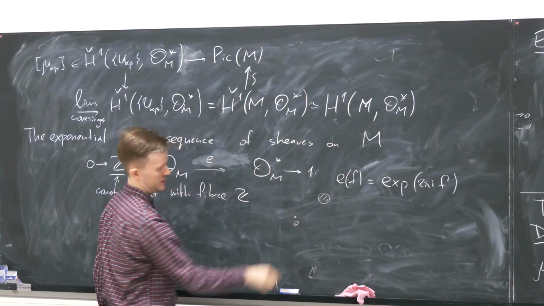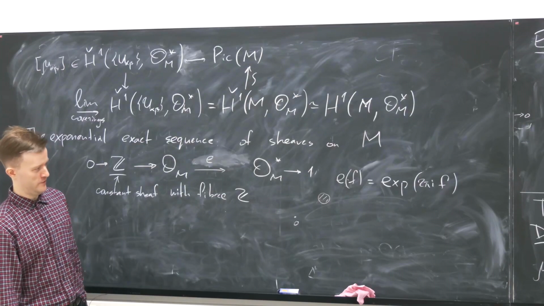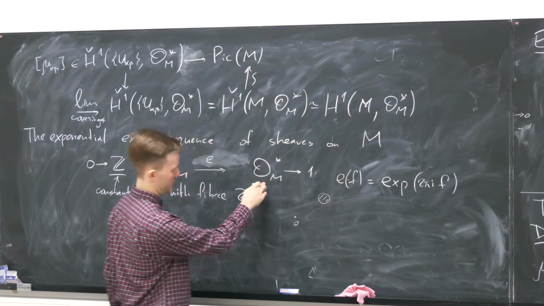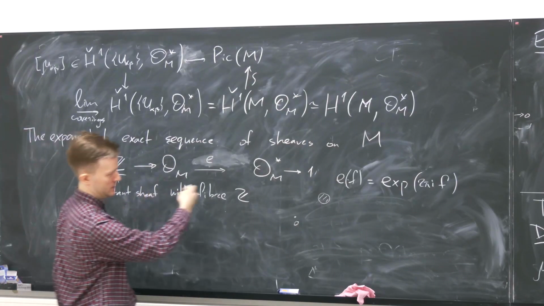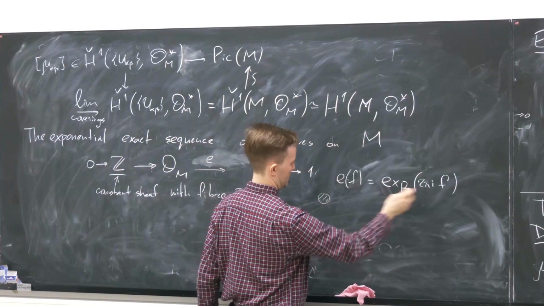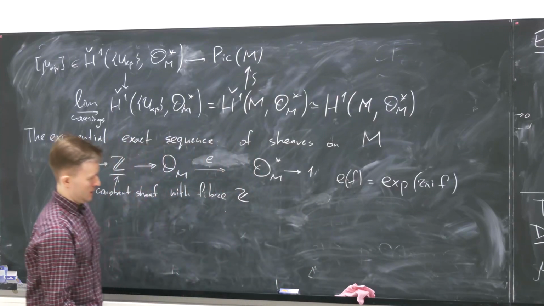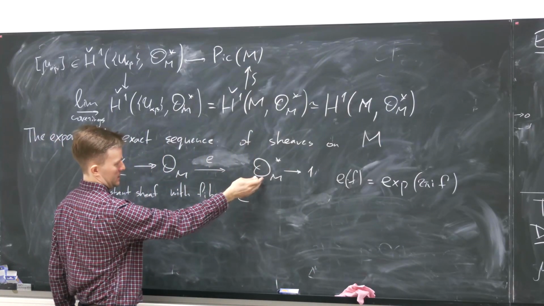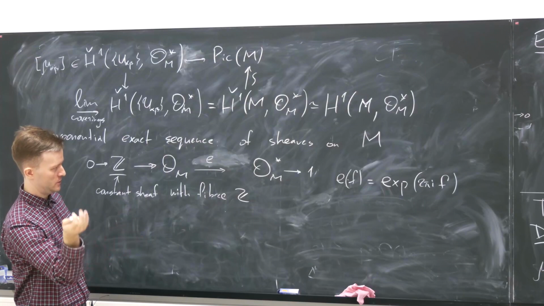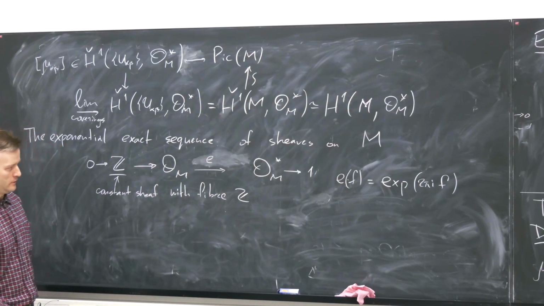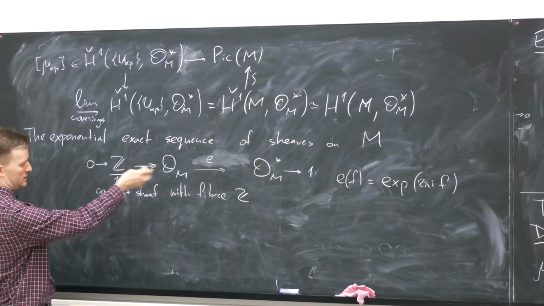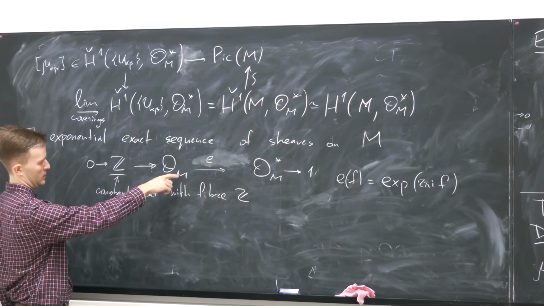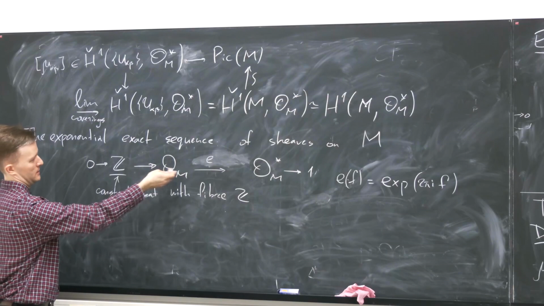On this open set, there is a well-defined logarithm. Then I can take the logarithm of this function and get a function here, and by definition the function I started with will be the exponential of the function I get by the logarithm. So that's surjectivity.